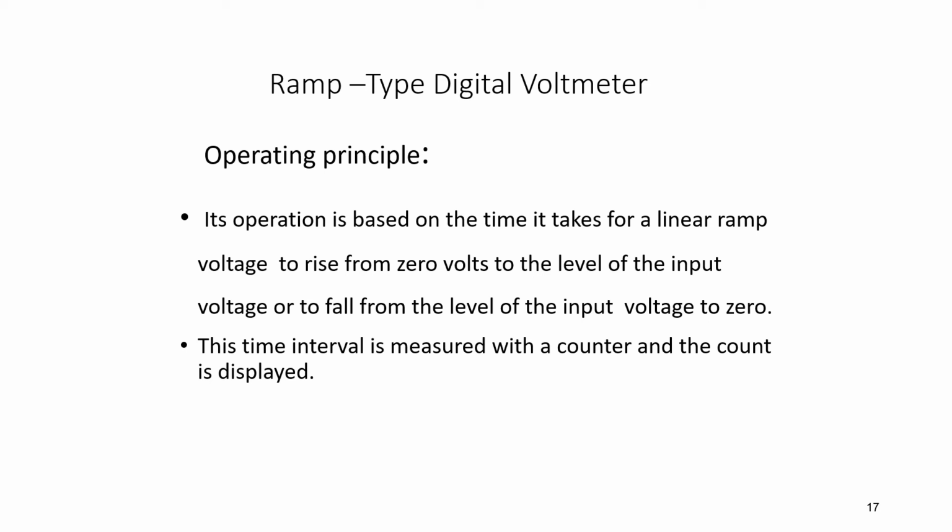So these are the basics of the digital instruments, what a digital instrument is, what are the basic building blocks of a digital instrument. Next is what are the advantages of the digital instrument over the analog instrument, and finally what are the different types of instruments that we can build up in digital version.